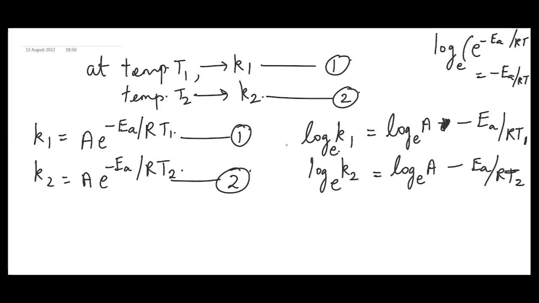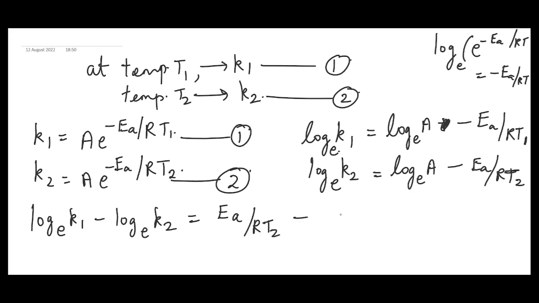Now, here we have one similar term in both the equations, log A and log A. So let us subtract these both equations which we have got just now. By subtracting we get log of K1 minus log of K2 is equal to, log A and log A will get cancelled, and we finally get EA by RT2 minus EA by RT1. Now we can use another logarithm rule.